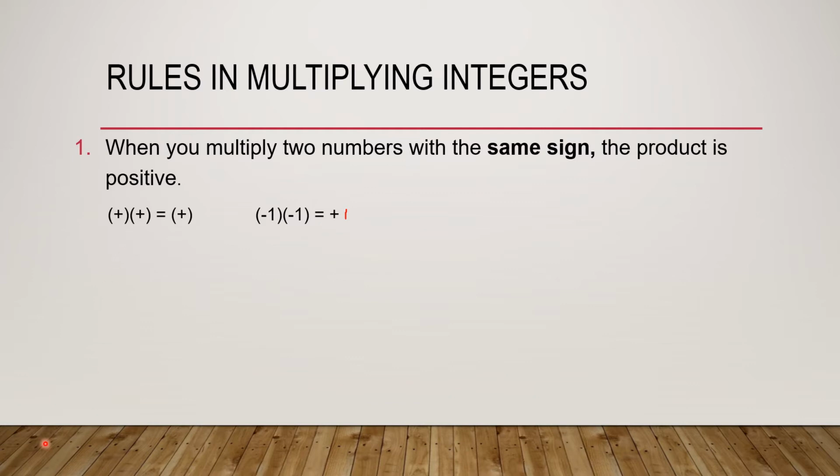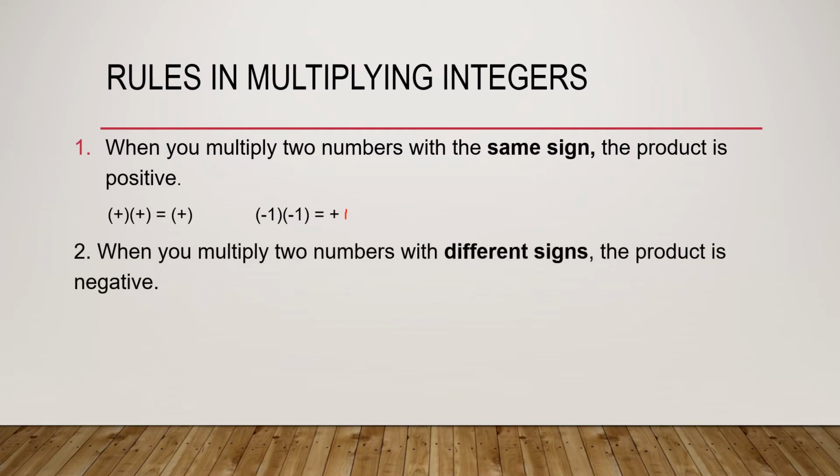No? And what's the next rule? When you multiply two numbers with different signs, the product is negative. Again, when you multiply two numbers with different signs, the product is negative. For example, we have here positive 1 times negative 1, the product is negative 1.